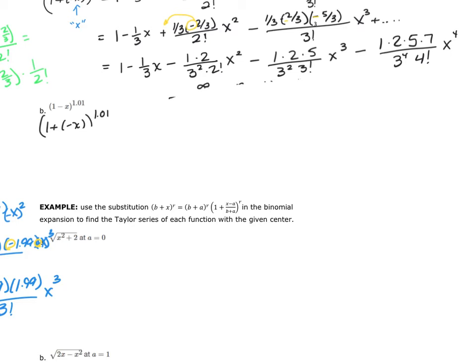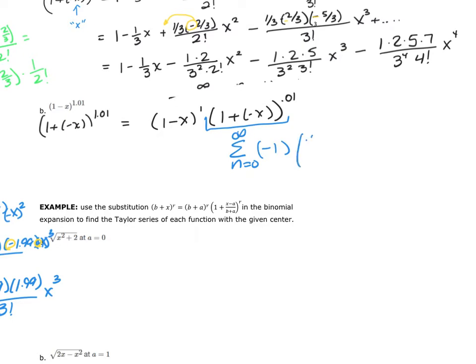So what we did is we rewrote this as 1 minus x raised to the 1, and then 1 plus a negative x raised to the 0.01. Now we know that this part ends up becoming the summation of n equals 0 to infinity of negative 1 to the n, and then it's going to be 0.01 choose n, x raised to the n.